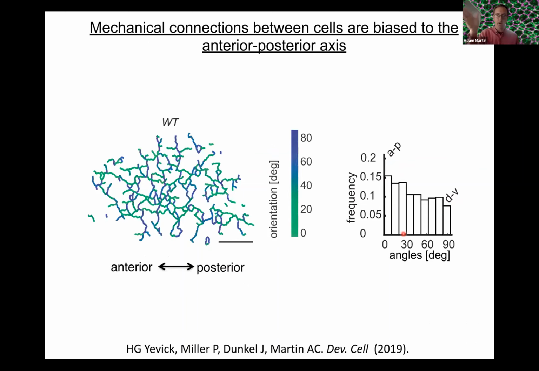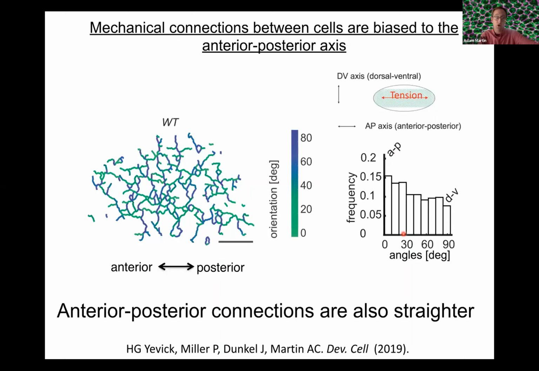So not only are there aligned fibers, but there's really more connectivity along the axis of higher tension than there is along the other axis. This type of analysis also allowed her to analyze properties of these connections, such as their straightness. And what Hannah found is that anterior-posterior connections are actually straighter than the ventrolateral connections, again, consistent with the idea that there's higher tension along the anterior-posterior axis of this tissue.